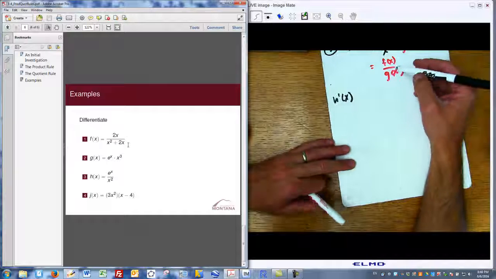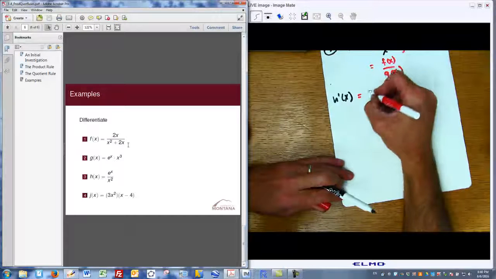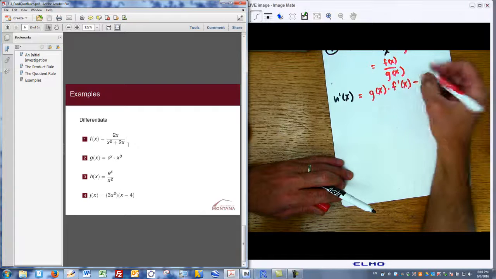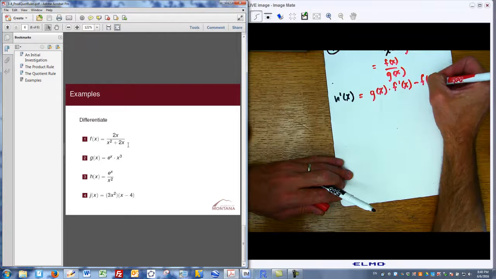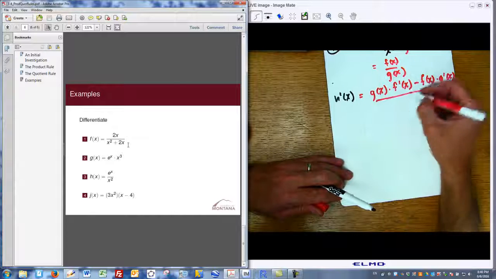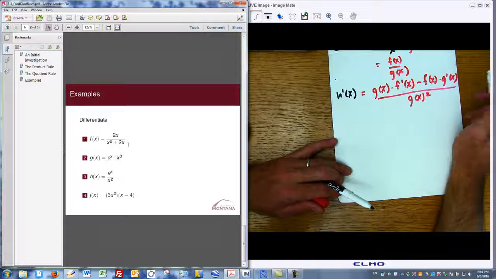It's the bottom times the derivative of the top, so it should be g of x times f prime of x minus the top times the derivative of the bottom, f of x times g prime of x, all over the bottom one squared. So there it is, the quotient rule.